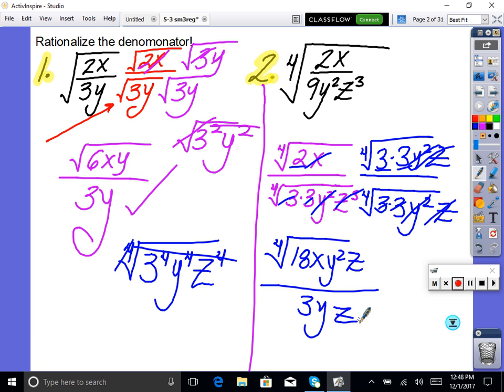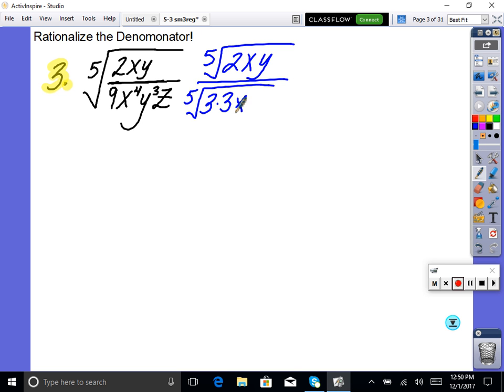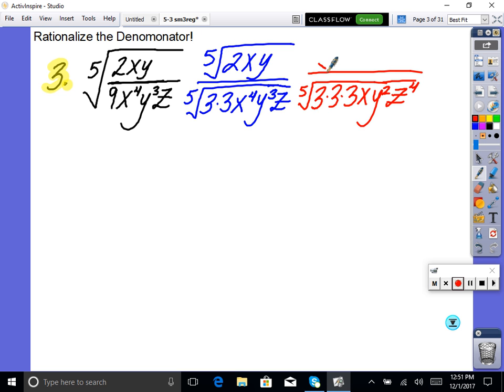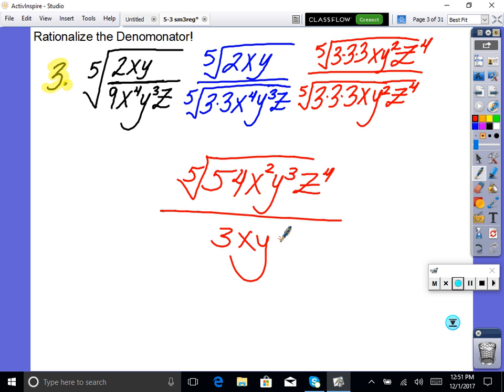Let's try one more. 5th root. I saw a lot of you get here.